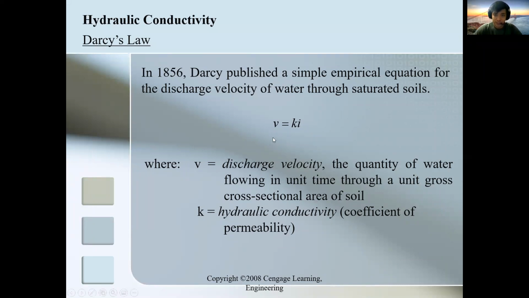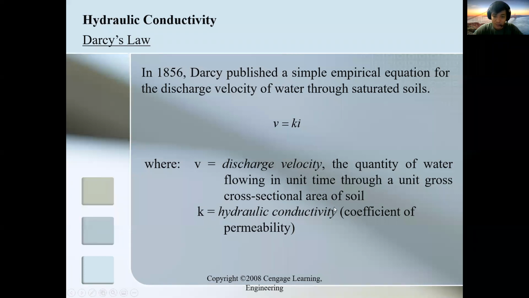So according to Darcy, the discharge velocity of water through saturated soils is V equals Ki. Discharge velocity is the V, the quantity of water flowing in the unit of time through a unit cross-sectional area of soil. K is the hydraulic conductivity.